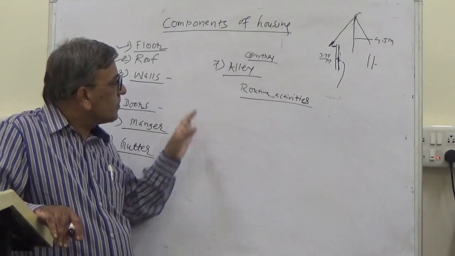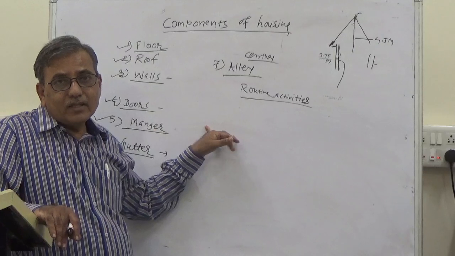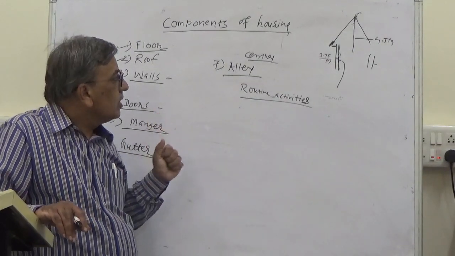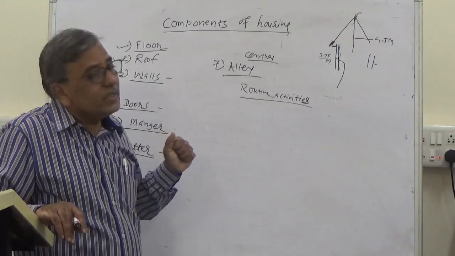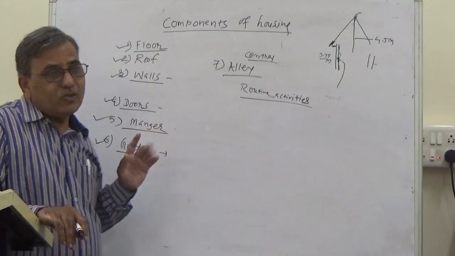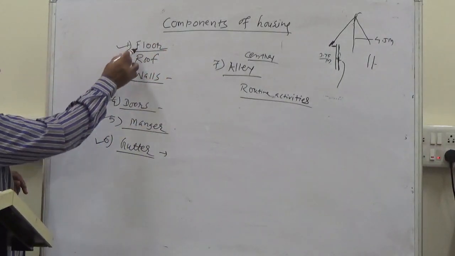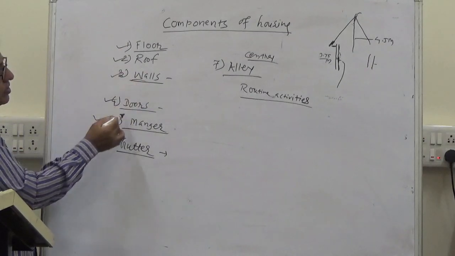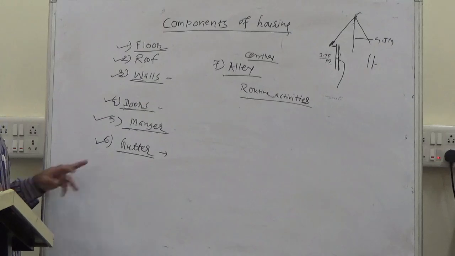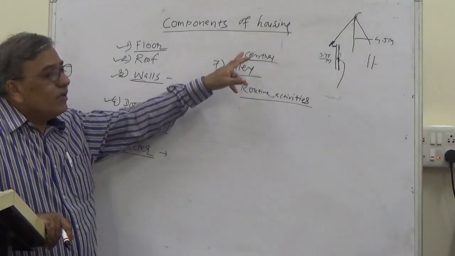So there are certain specifications which should be taken into consideration while providing a central alley at a dairy farm house. So this is all about the different components of housing with reference to a dairy house: floor, roof, walls, doors, manger or feeding place, gutter or the place provided for cleaning purpose, and the central alley.